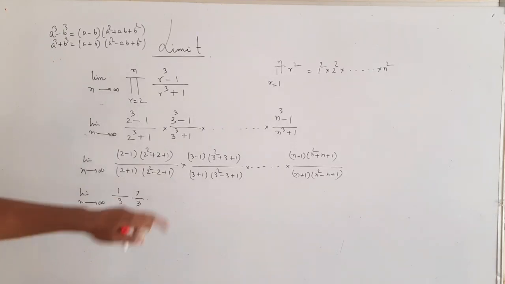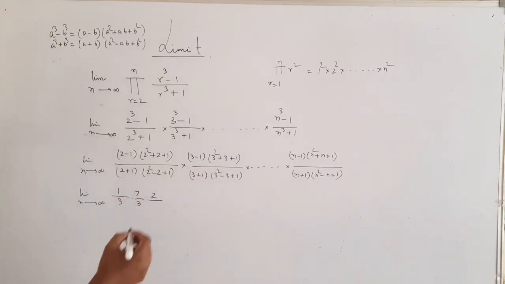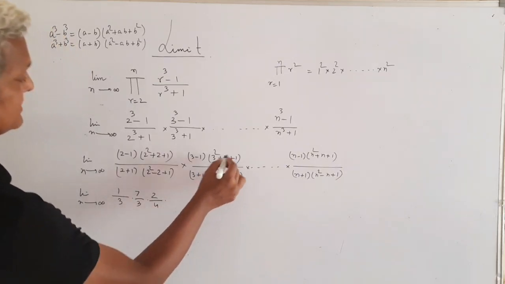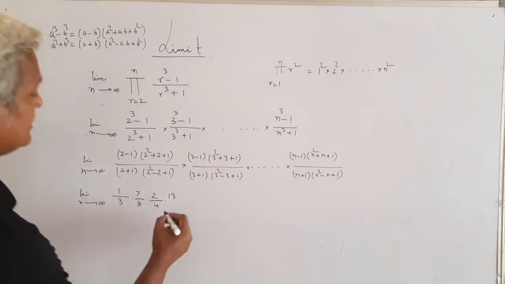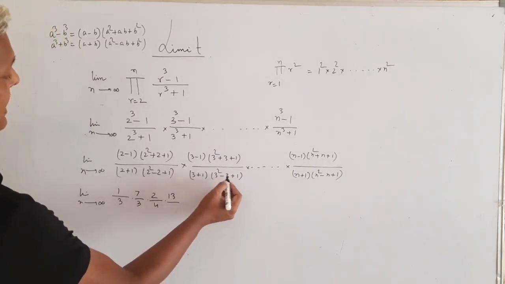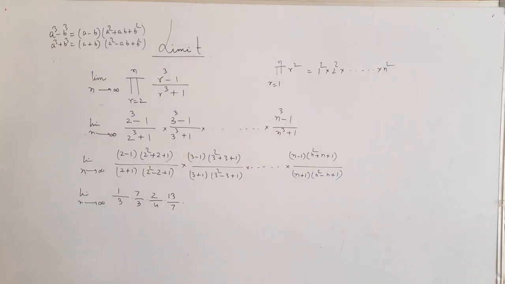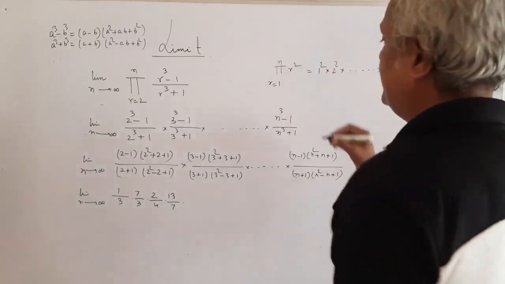Now 3 minus 1 is 2 upon 4, and this is 9 plus 3 plus 1, 13, upon 9 minus 3 plus 1, 7, into... suppose I take 4 also just to check what term I am getting.